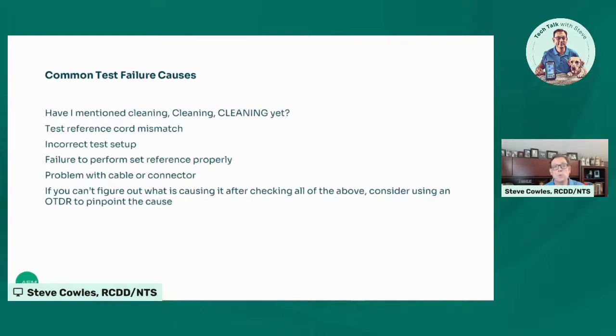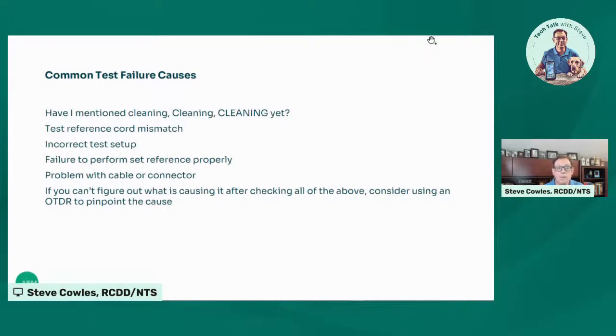And then as you move to another port, you're just transferring that there. So you have to clean it. It can be a pain, but it's something that you absolutely have to do. Test reference cord mismatch can cause a problem with loss and can cause a problem with failure.